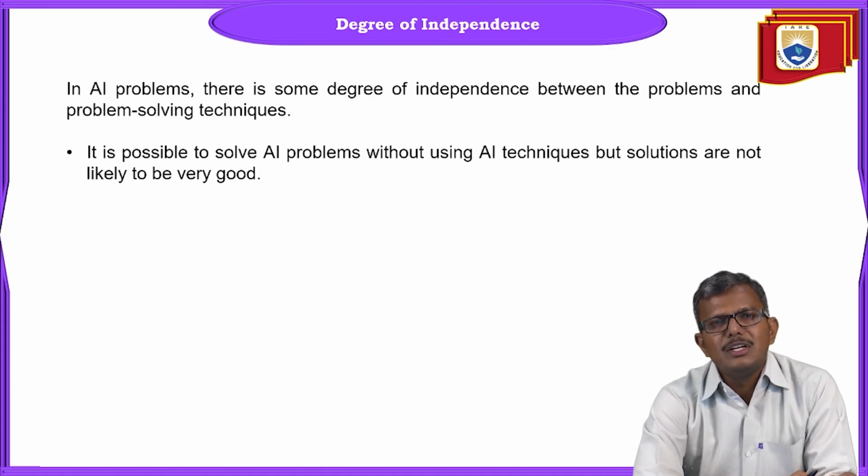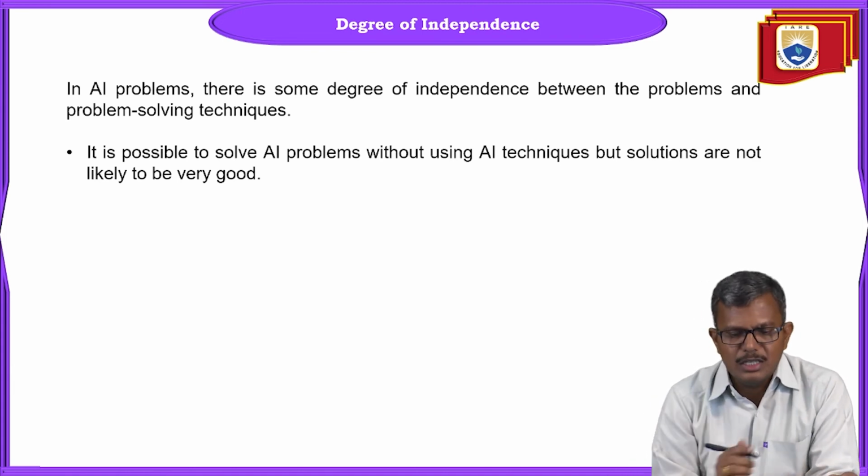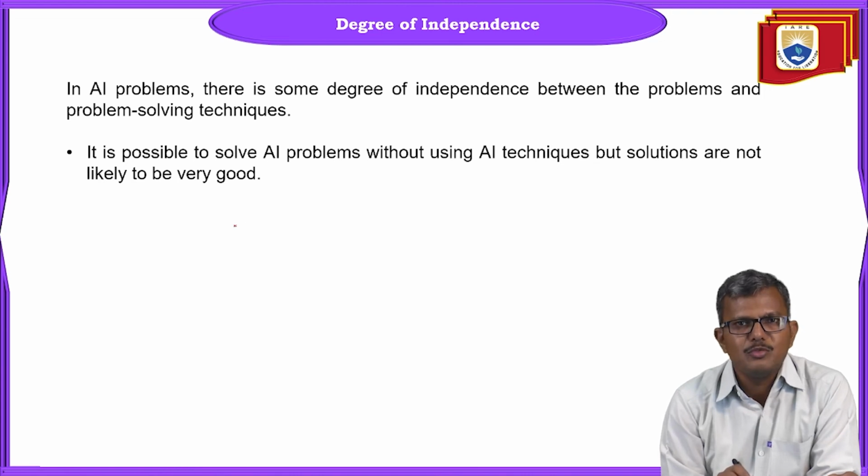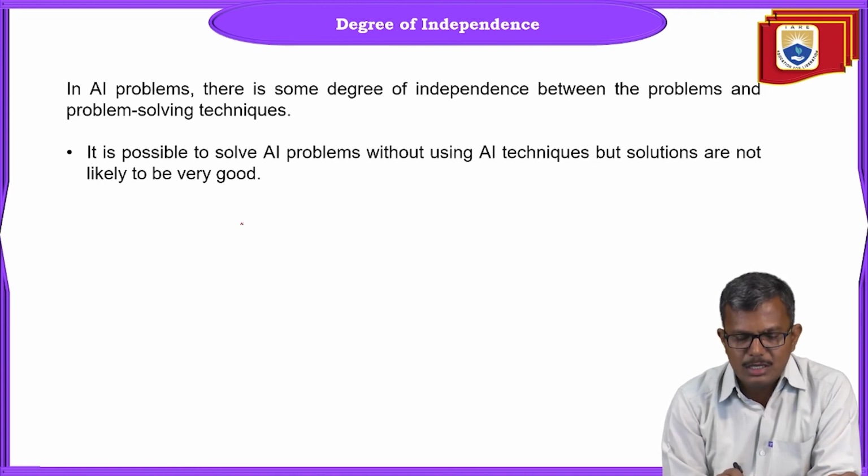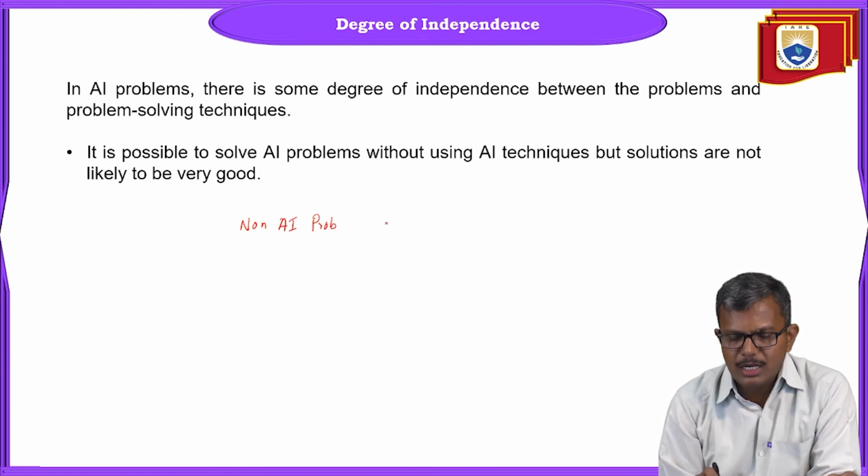Otherwise, you are not going to get the solutions. So, what is the degree of independence we have? In general, there are two different kinds of problems here. One is non-AI problems, and on the other side, we can say there are AI problems.